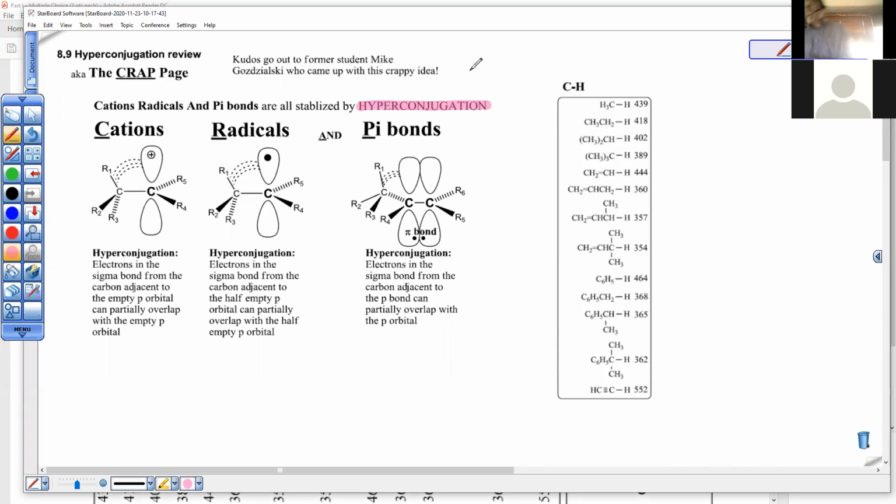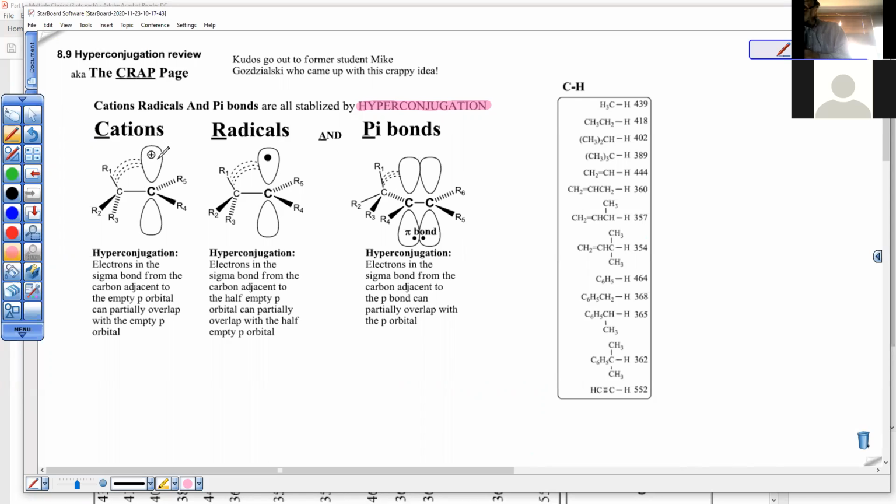And what we didn't say was not only does it stabilize cations, but it also stabilizes radicals. And it explains why an alkene with more carbon groups around it is more stable than an alkene that has less carbons around it, because hyperconjugation stabilizes any kind of p orbital, whether it's a cation containing p orbital.